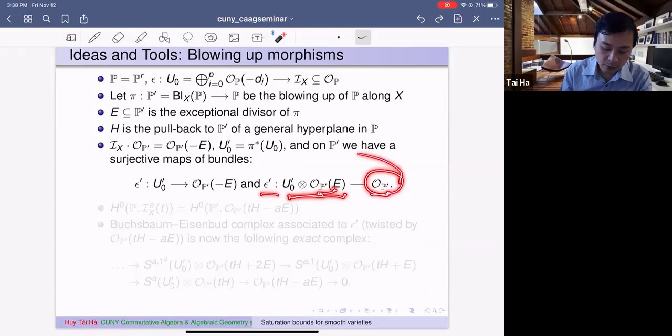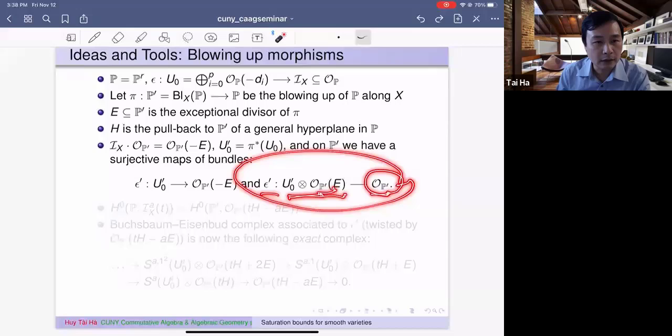So this is the case where we can apply the Buchsbaum-Eisenbud construction, knowing that the right-hand side is the whole structure sheaf, and that the sequence we get is going to be exact.